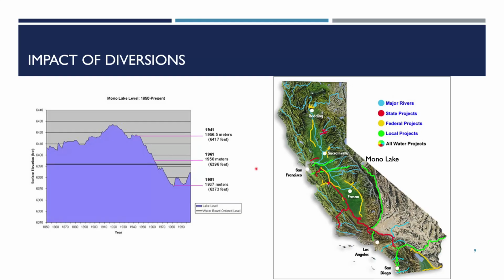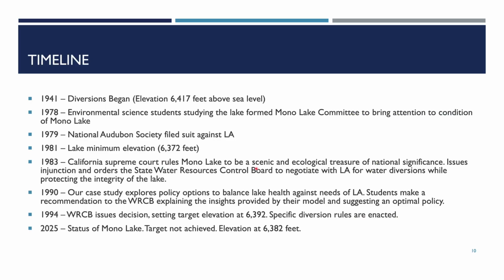So, concerned by the lake's decline, it was actually a group of environmental science students who formed the Mono Lake Committee in 1978. And their grassroots advocacy drew national attention. And in 1979, the National Audubon Society took over this cause, and they filed suit against the city of Los Angeles.